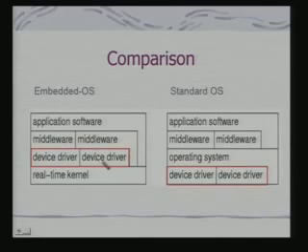Here you make a choice of the device drivers depending on the devices that you would like to use, and very likely it would be a real-time kernel, because if it needs to support real-time tasks, the kernel has to be a real-time kernel, which is not a necessity for a standard OS. And in many cases, you will be using a standard OS to compile an OS along with the application bundled into a package to be downloaded onto an embedded appliance.